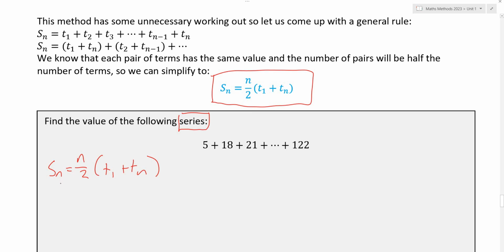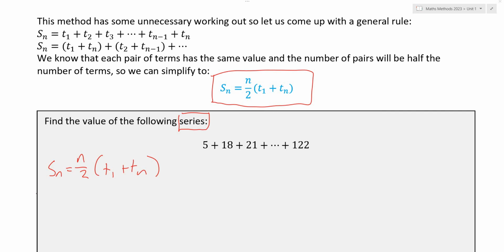Do we know n? No. We know Tn is 122, but we don't know how many terms along that is. So we don't actually know n. But I do know T1 and Tn, so I just need to find n.